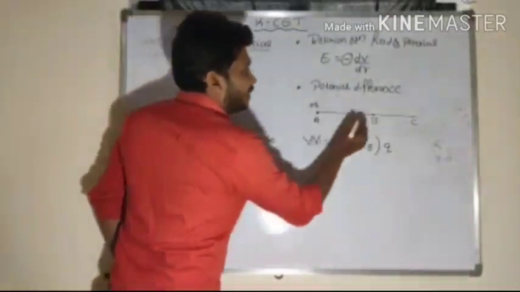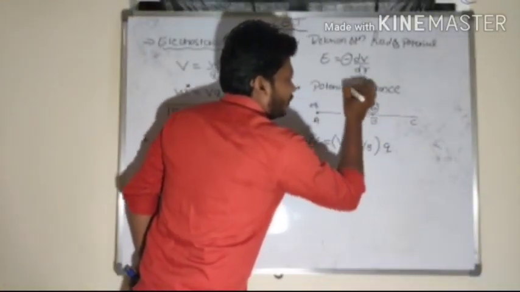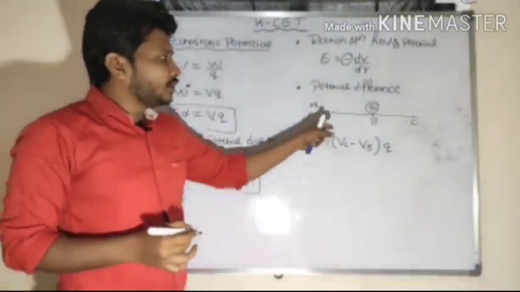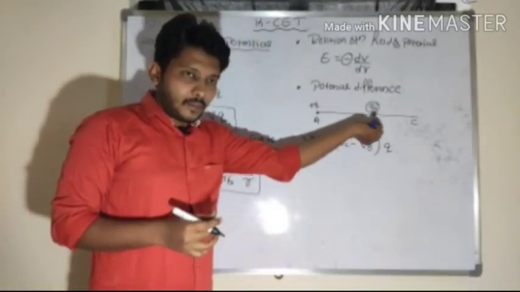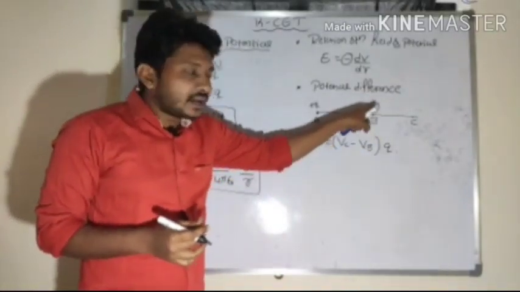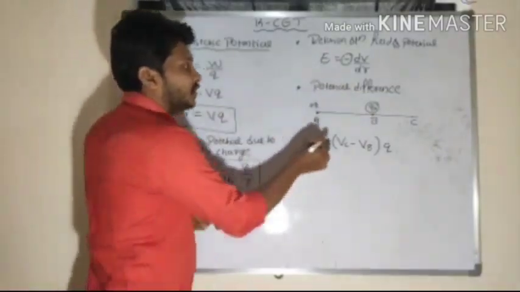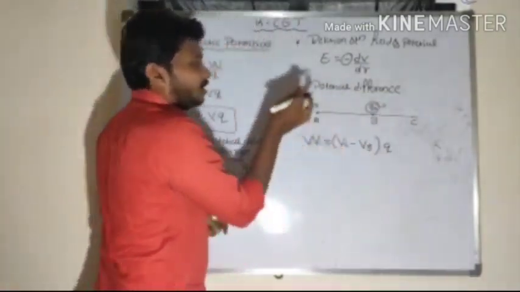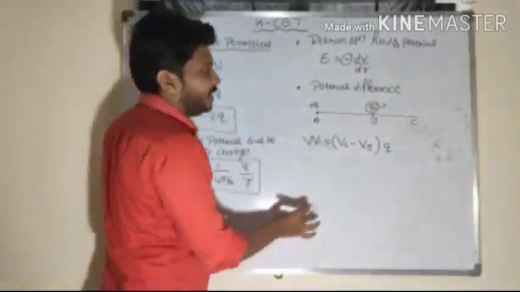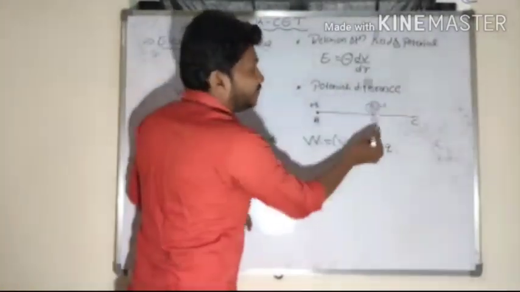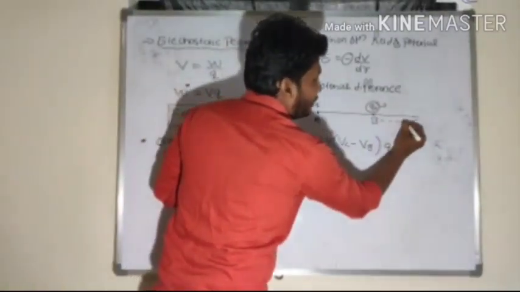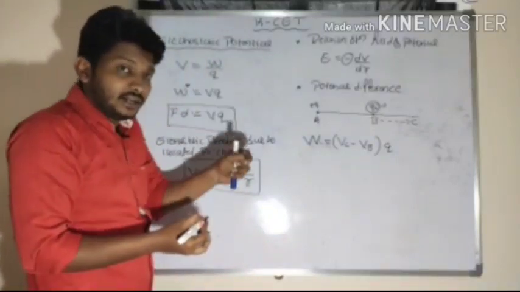Suppose a Q naught amount of charge is there. This Q naught charge is released at point B, then the charge gains kinetic energy. It moves from B to C by gaining kinetic energy.